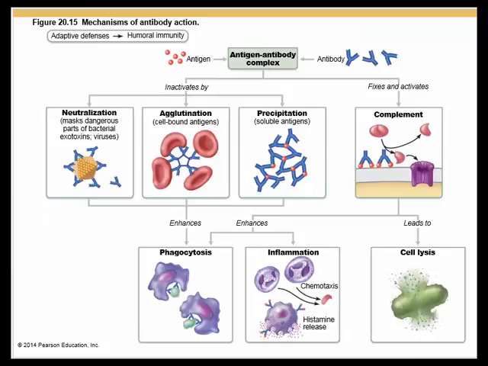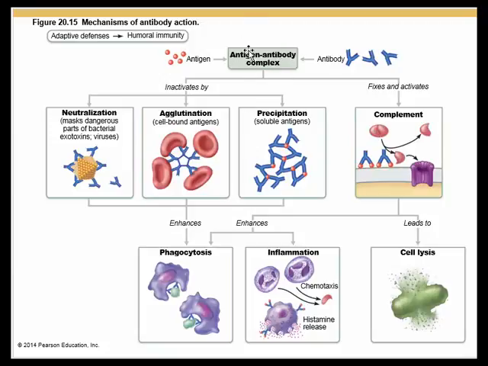In this figure, you can see all 4 that we just spoke about: neutralization, agglutination, precipitation, and complement activation. So let's run through this real quick. Antibodies find the antigen of interest, and we then have antigen-antibody complex. That's what all 4 of these are.